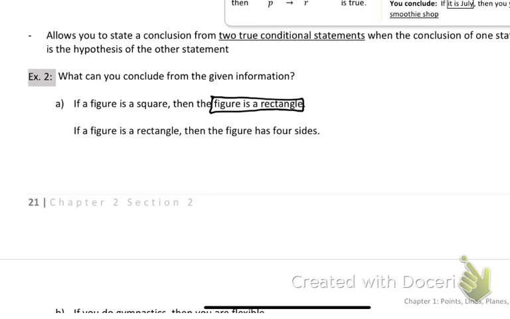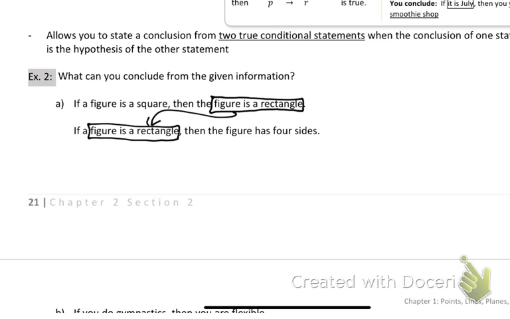This has to link to the next statement to be the law of syllogism. So our next statement says, if a figure is a rectangle, then the figure has four sides. These link together because this ends where this one begins.